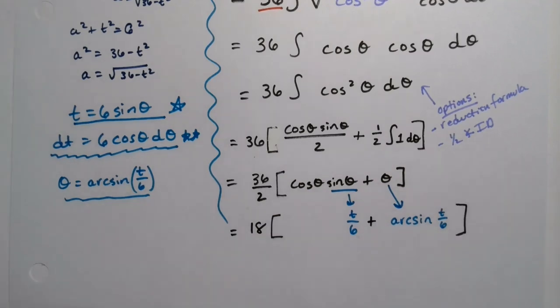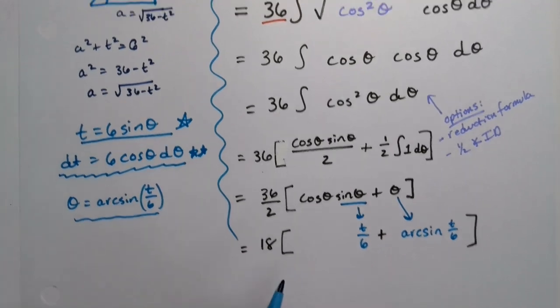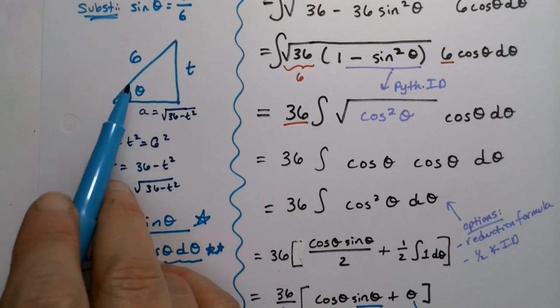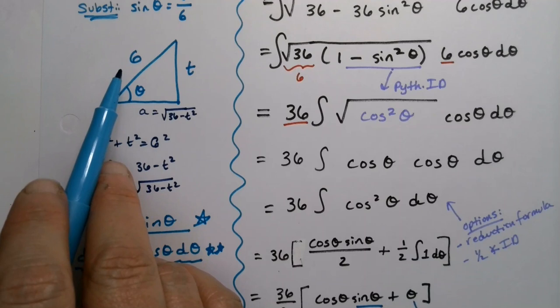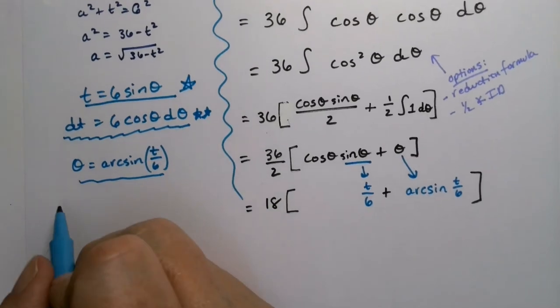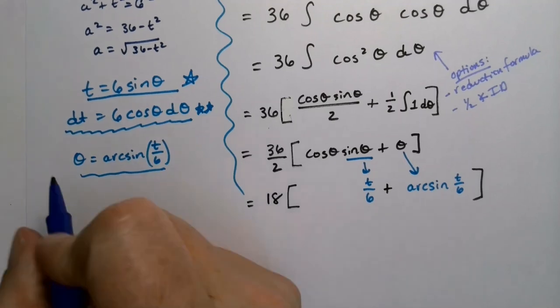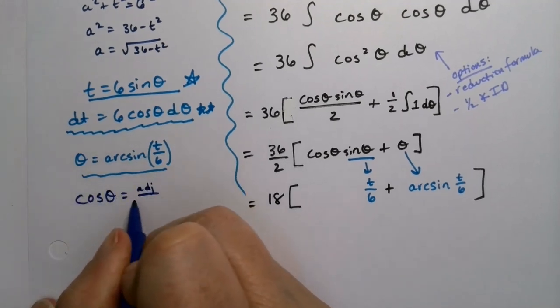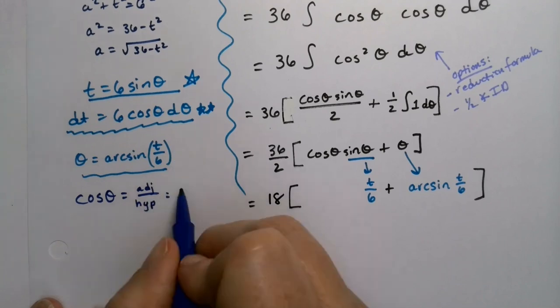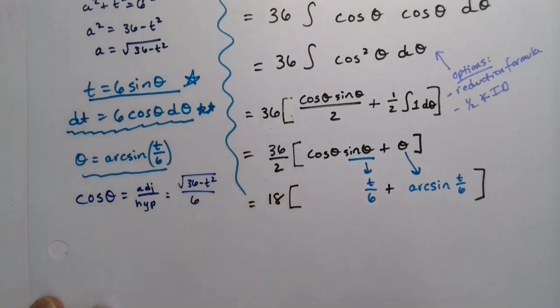And then all I need to do is figure out cosine of theta. And you might think, oh no, what am I going to do? Well, you have a triangle, right? Here's theta right here. Cosine is adjacent over hypotenuse. So the cosine of theta is adjacent over hypotenuse. That would be the square root of 36 minus t squared over the hypotenuse of 6.